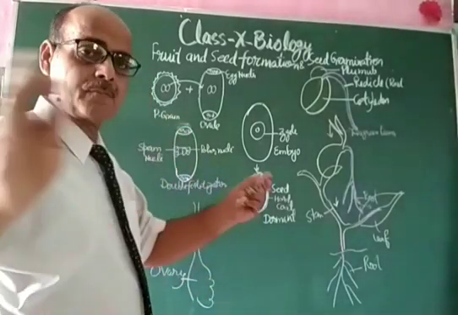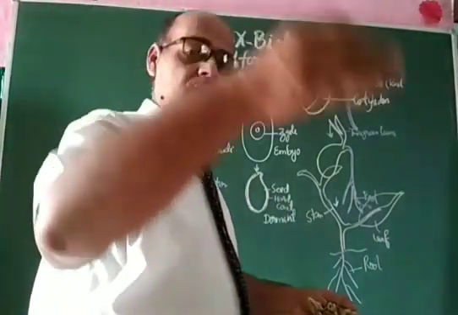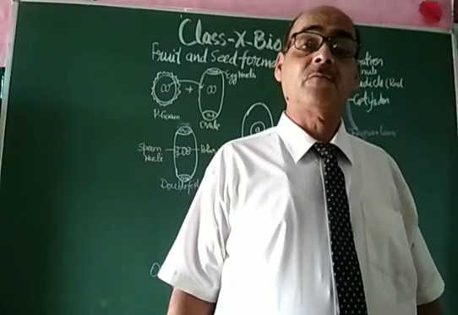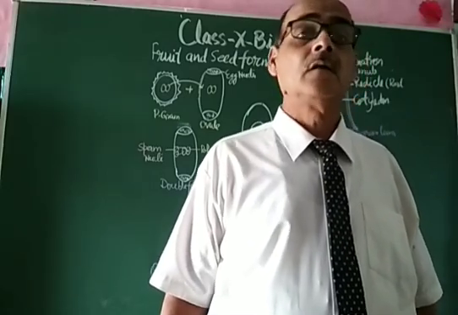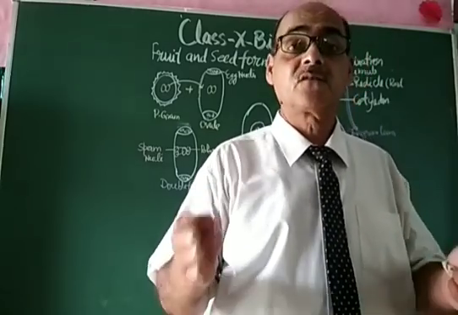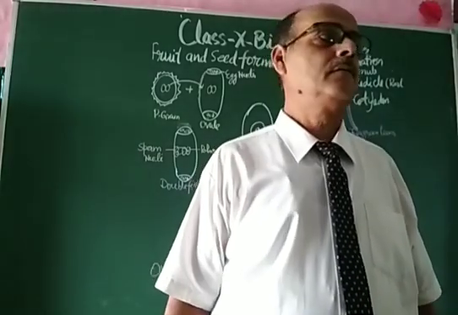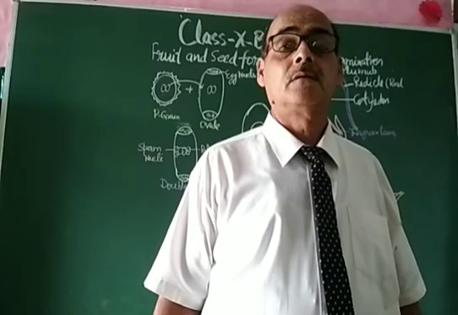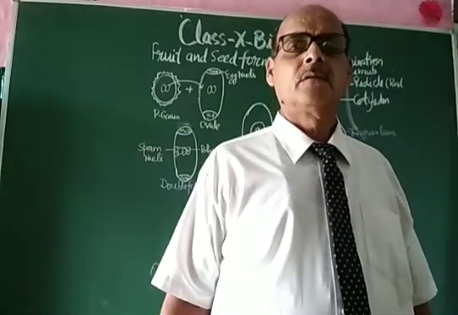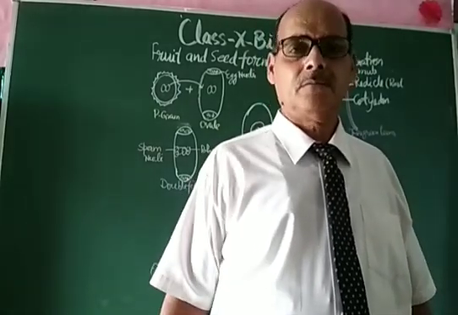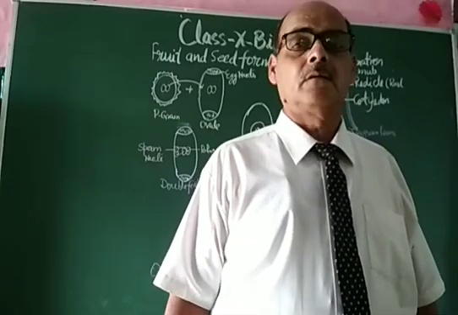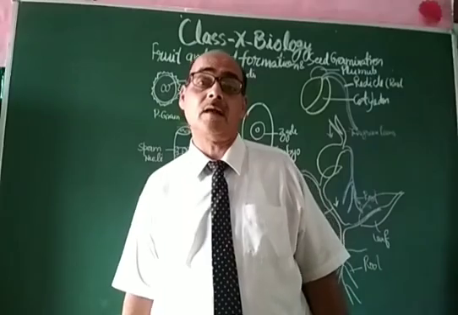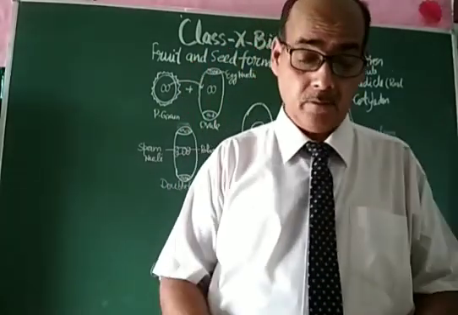The enlargement of the ovary, which covers the seed, is called fruit. And formation of fruit is just to save the seed, like guava, papaya, cucumber. Several examples are there. My dear students, something new that I would like to discuss over here.